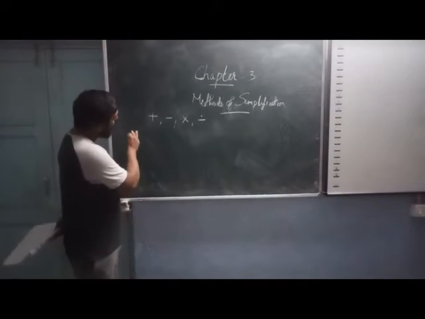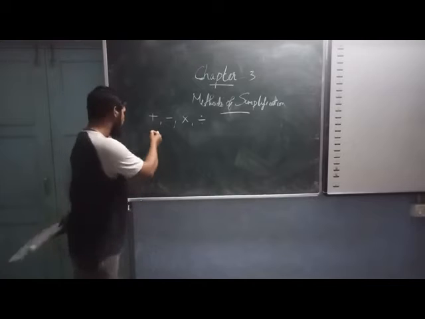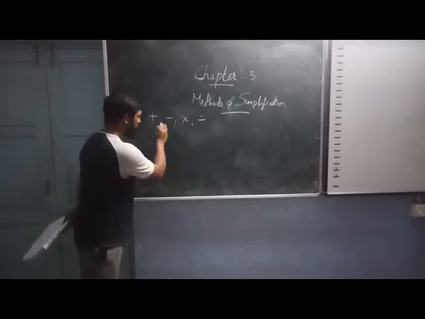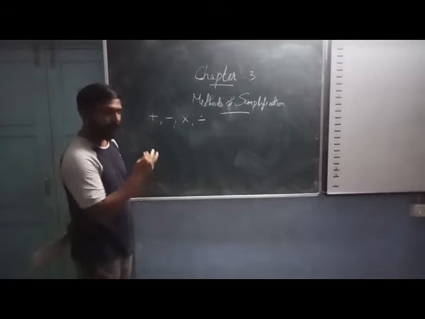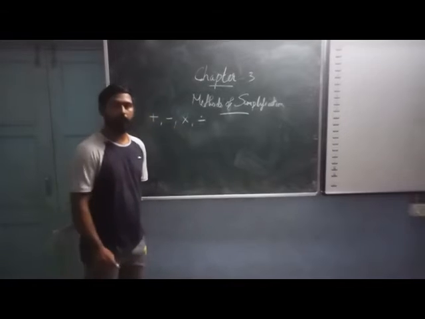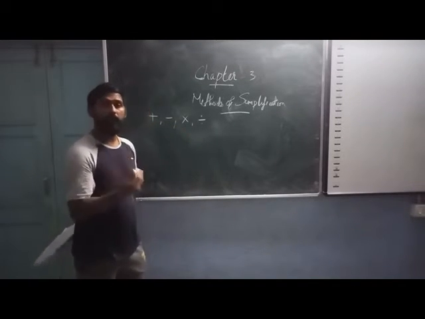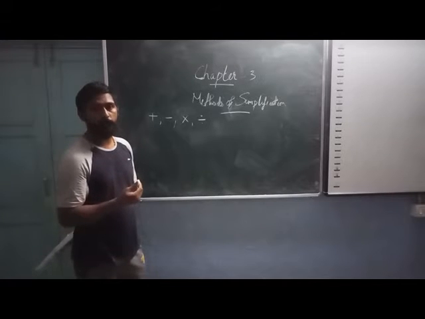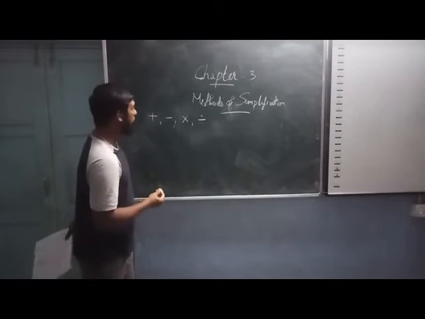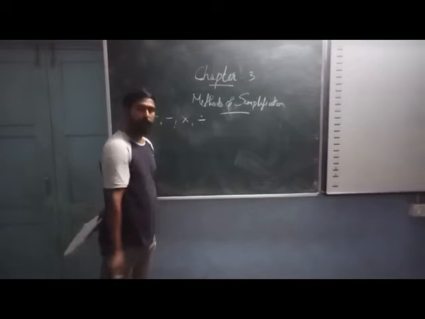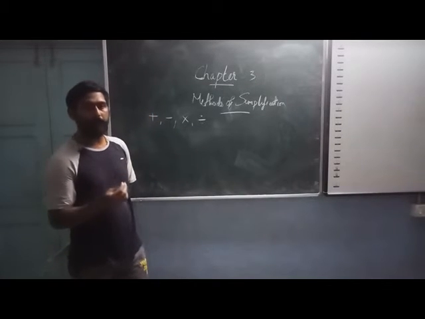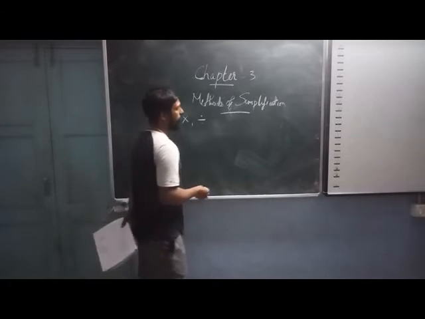Sometimes all these can come together, sometimes any two, sometimes any three, and sometimes all of them can come together. If they all come together, in which order do we have to follow? There is an order for the methods of simplification. In order to do an operation there is always a method or order.